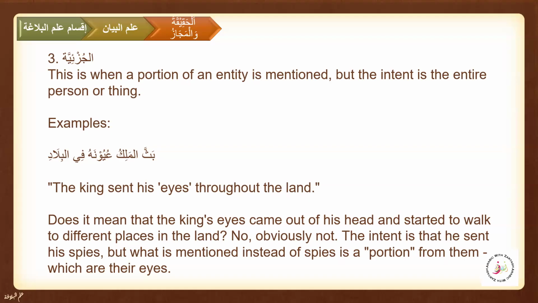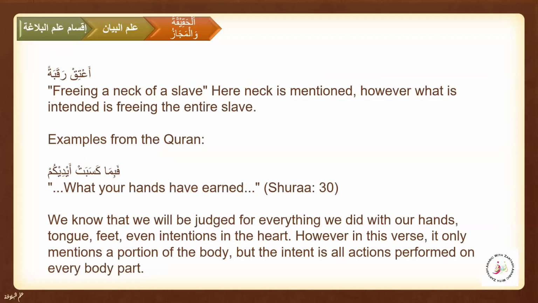This is a very beautiful example because we know that the king's eyes did not come out of his head and start to walk to different places. Obviously not. The intent is that he sent his spies, and that is why only a portion is mentioned, used here metaphorically. So this is juzia.